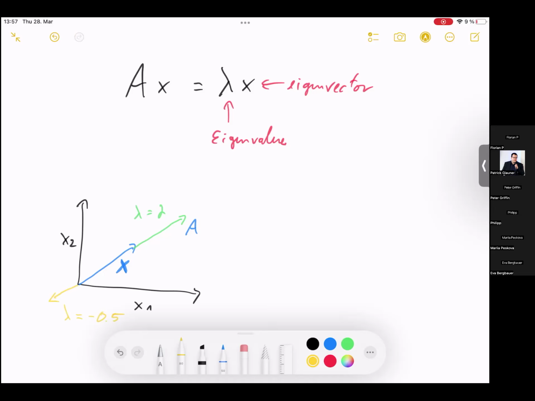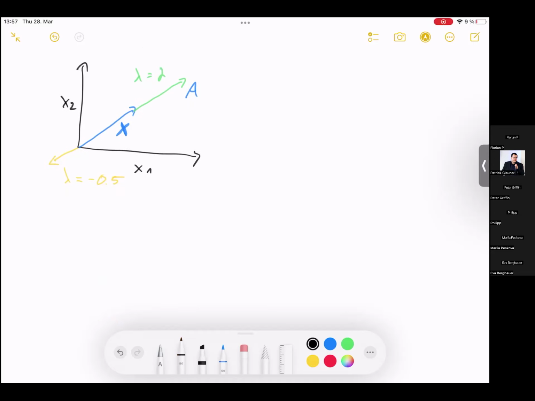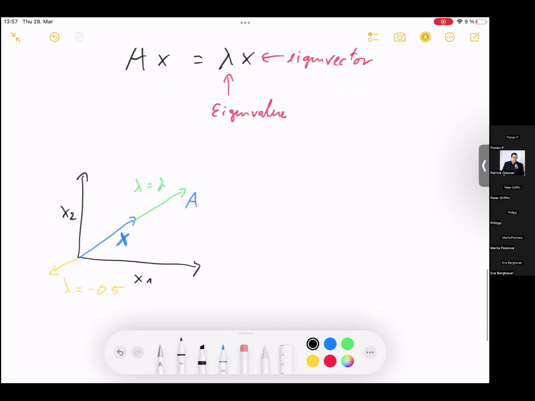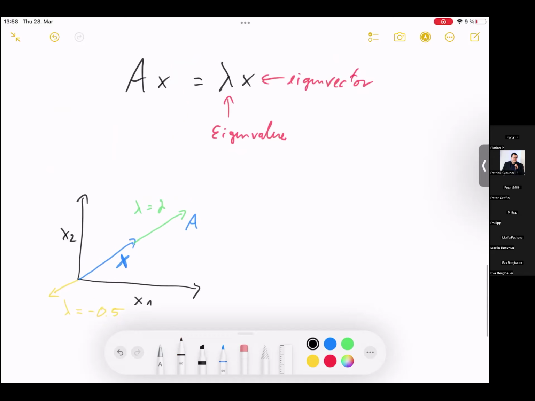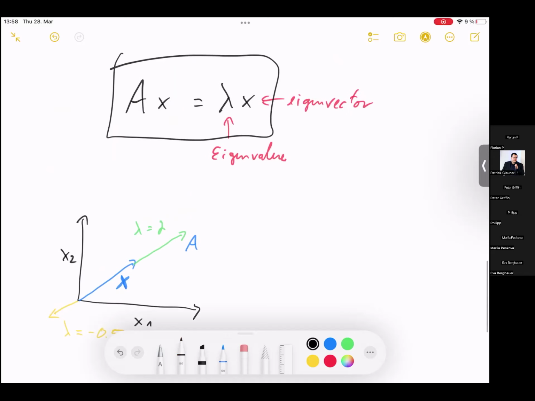And now you're wondering how you can find eigenvectors and eigenvalues. I will show you one example. And again, this is something that is discussed in detail in a linear algebra class, because this condition from up here can be rewritten. So this is our condition, and we can try to rewrite it.